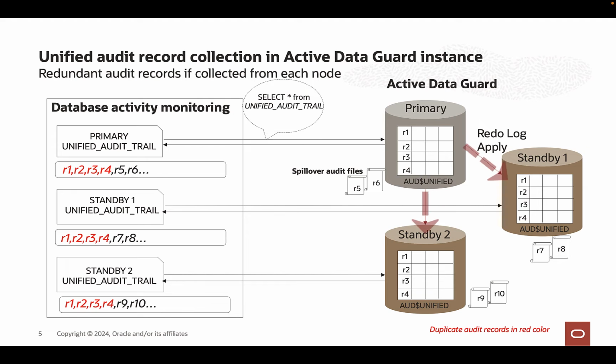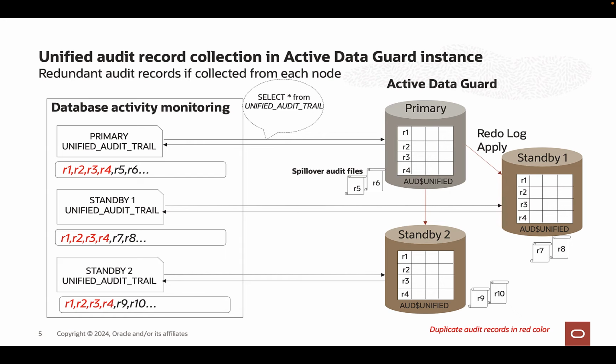Unified audit records generated in the database table on the primary get transported to standby databases as part of redo apply. Thus, audit records R1 to R4 generated in the primary database are available in each of the two standby databases. Individual standby databases may have audit records generated in OS spillover bin files.